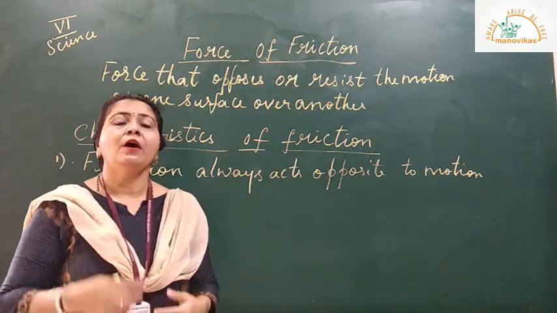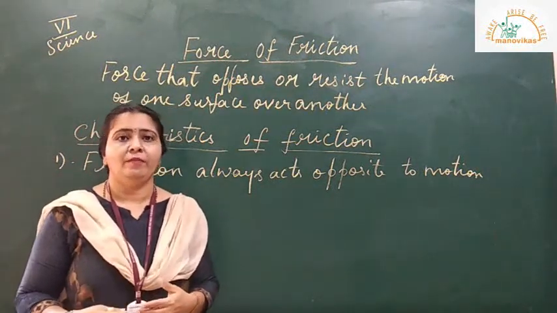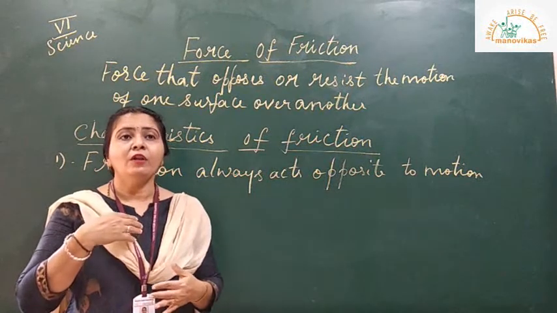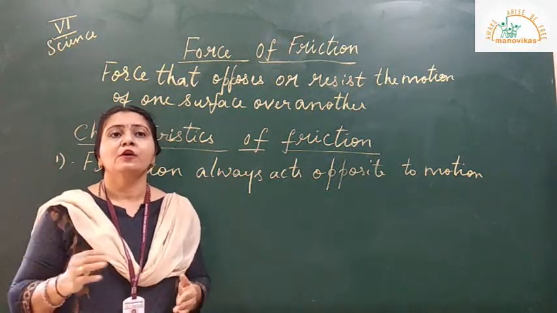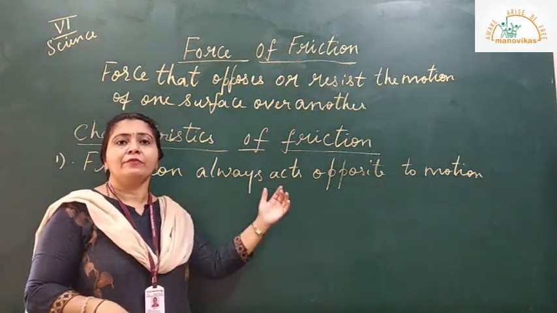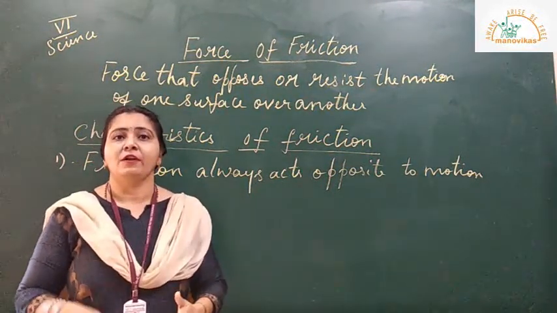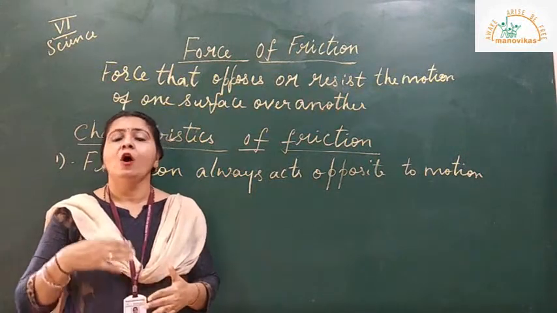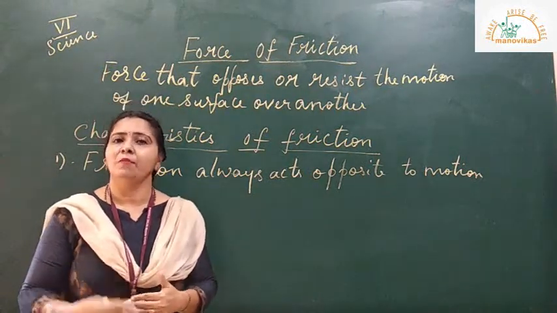For example, a rolling ball rolls for a while and then it stops. That is because of the force of friction, which always acts in the opposite direction of the motion.